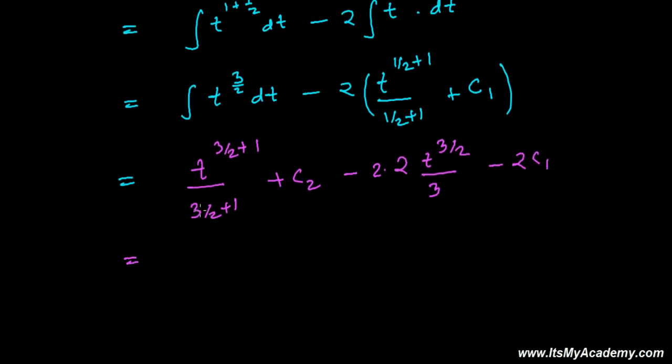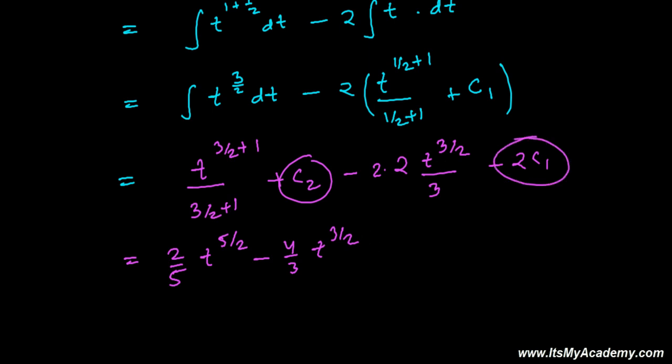Further, 3 by 2 plus 1 is 5 by 2, so 2 will be up and 5 at the bottom, t to the power 5 over 2, minus 2 times 2, that is 4 over 3, t to the power 3 by 2, and c2 minus twice of c1, all by 3 constant. So in place of these two constants, I can overall write some constant, and that's my integration.